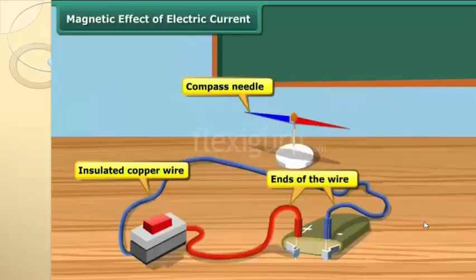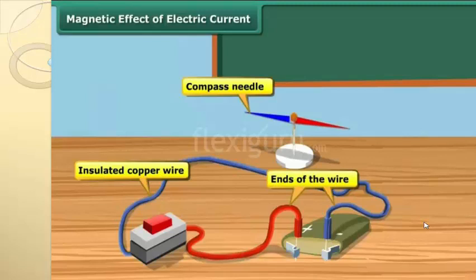He observed that a magnetic needle placed above or below a straight conductor deflected when a current was passed through the conductor. On reversing the current, the deflection was opposite to that observed earlier.